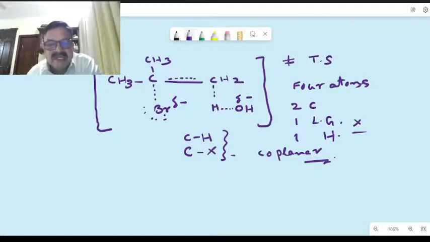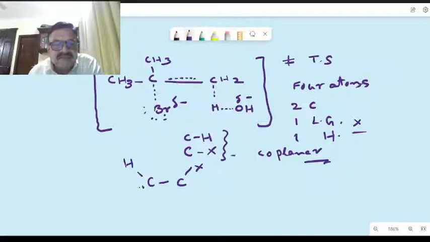So one method here, we can say H, then X, one group behind and one on a wedge here. This is a wedge actually. Now another possibility will be like this, another group here, another wedge.